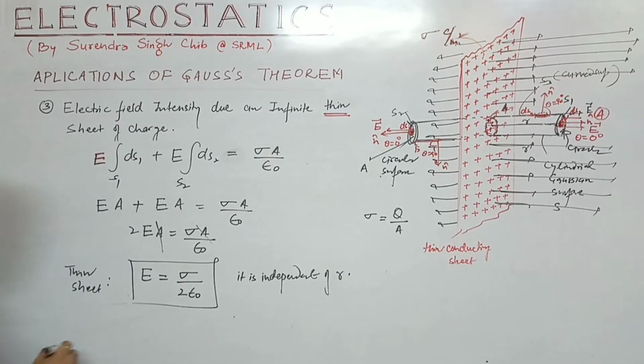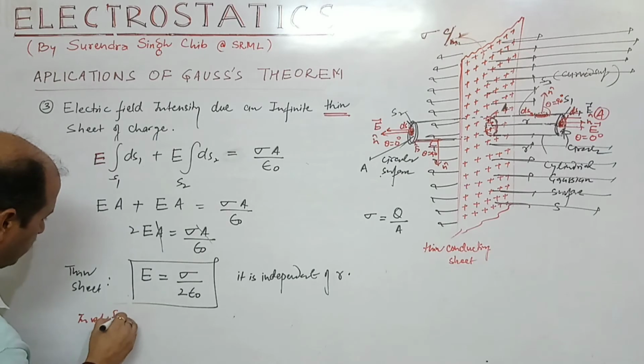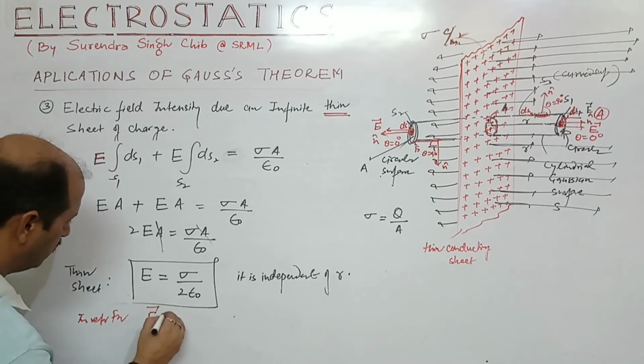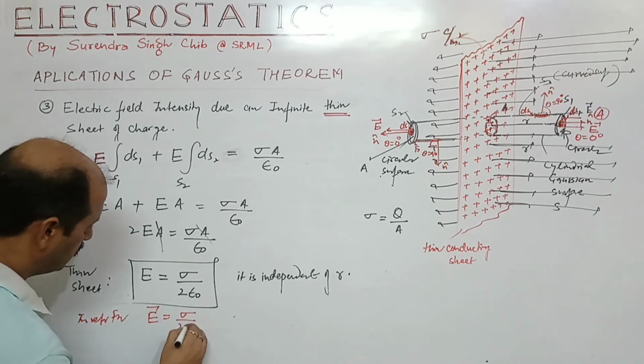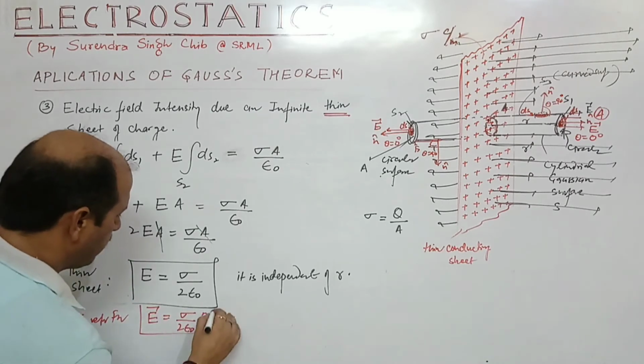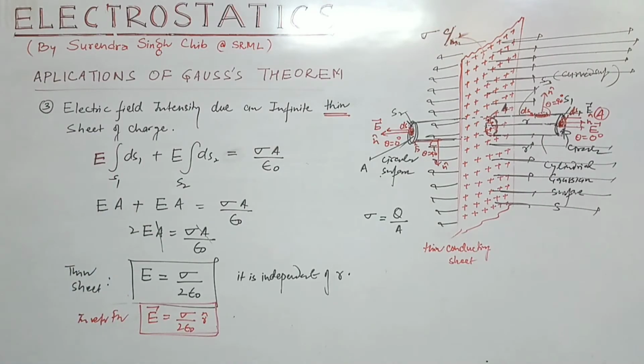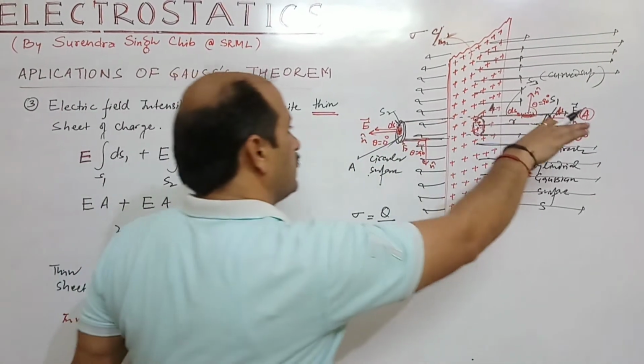अगर आप वेक्टर फॉर्म करना चाहते हैं तो वेक्टर फॉर्म में क्या होगा? In vector form, it's very simple. We'll put E vector equals sigma upon 2 epsilon naught and R cap. Electric field will be radially outwards if sigma is positive.